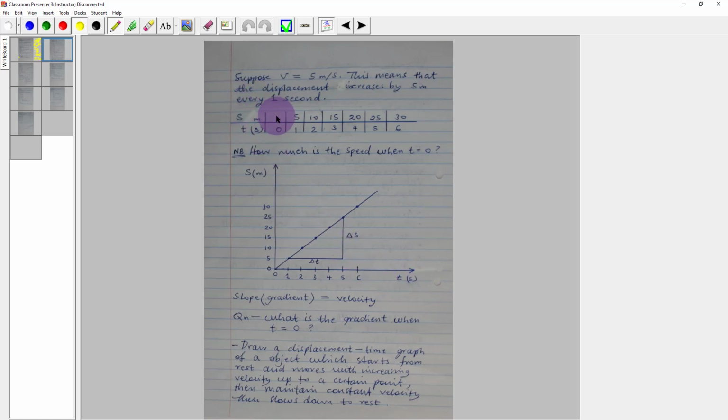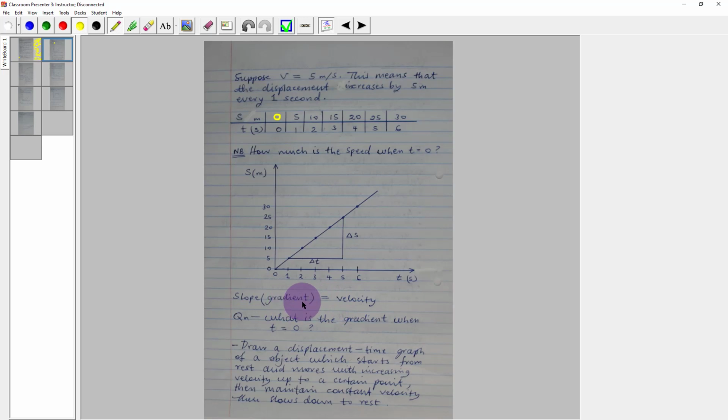Notice that I've not talked about the fact that its initial displacement is 0, in which case I expect that one to be 0. So what will the slope of the graph represent?